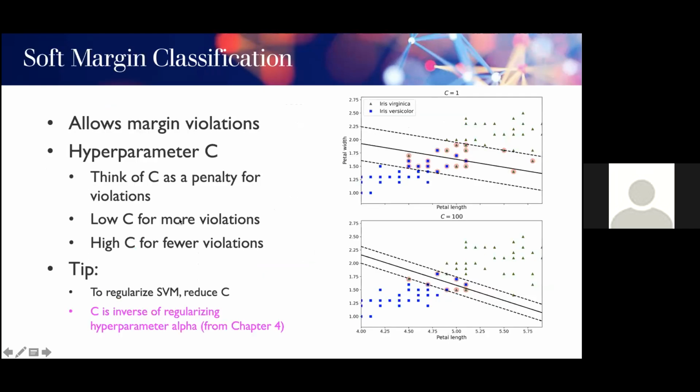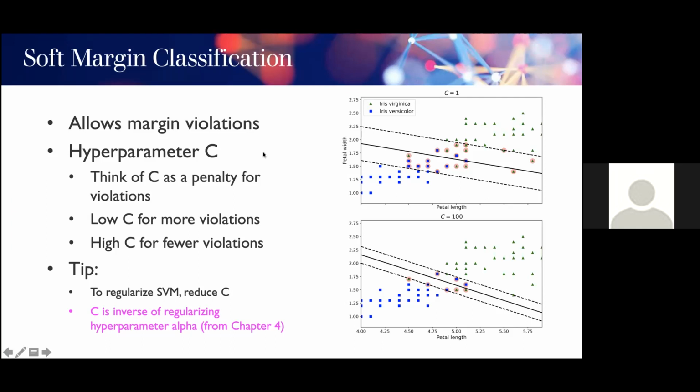And so with that, the author introduces soft margin classification, where you do allow margin violations. You're not trying to draw just the widest possible road between the classes, but you're also letting some violations. So if the data is not fully linearly separable, you could still find a classifier. If there are outliers, you can still find a classifier.